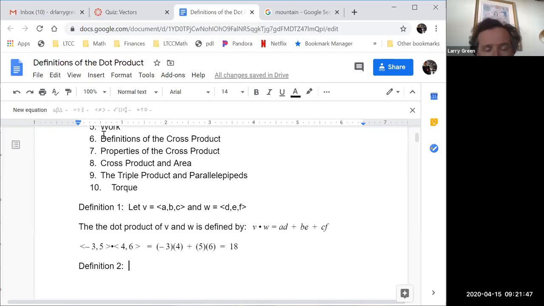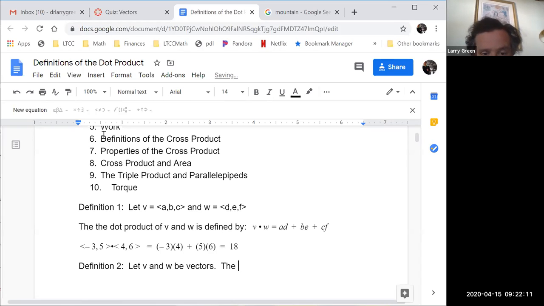Okay, so now let V and W be vectors. Now notice I'm not giving you components because I want to give you the definition geometrically, which means angle, which means magnitude and direction.